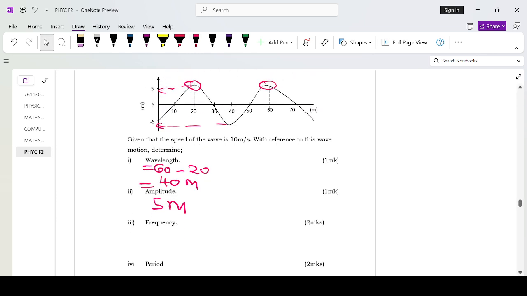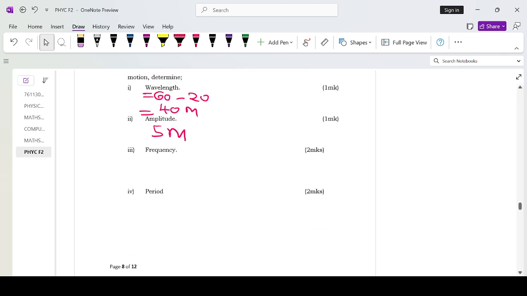Then the frequency. Frequency, this is the number of complete oscillations made. When you talk about frequency, there's this formula we talked of, V is equals to lambda F, where V is the velocity of the speed, lambda is the wavelength, F is the frequency. So this means what is the speed?